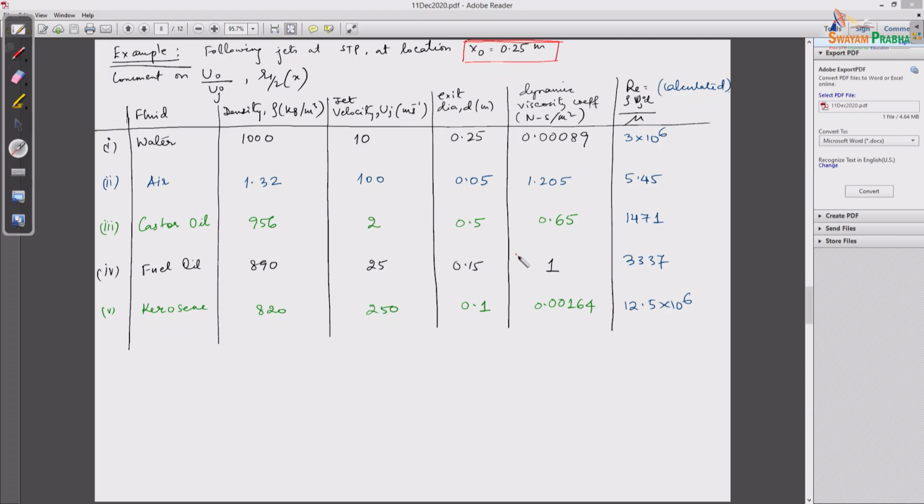We proceeded on this, and we had to comment on U naught by Uj and R half, so jet half width and the velocity, as a fraction of the jet velocity. These are the parameters which were given to us.